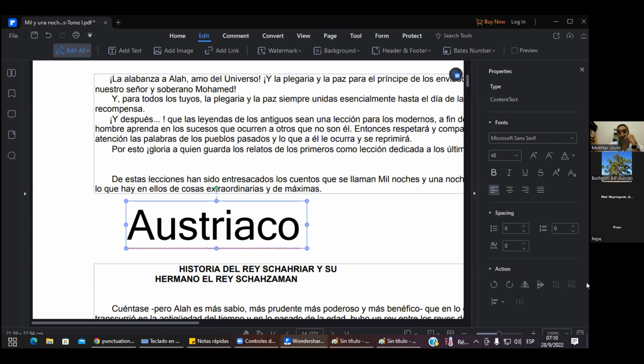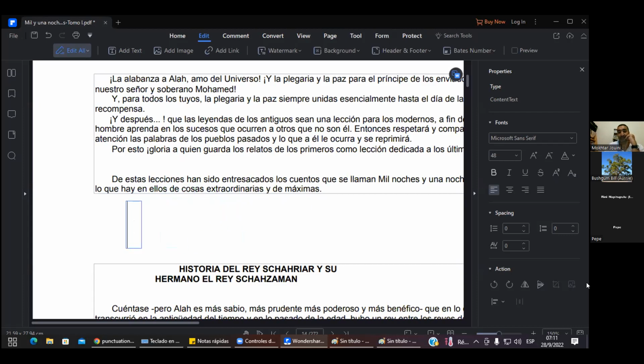Austriacos, or Austriacas in the feminine form. But Aussie goes with both male and female, right? Exactly, Aussie is male or female. That's correct.